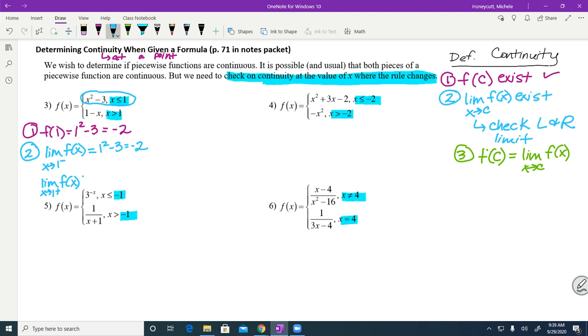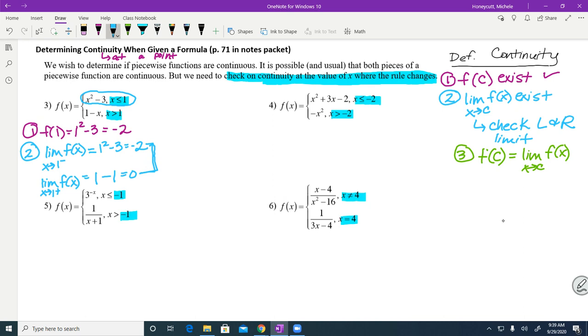Then I want to check the limit as x approaches 1 from the right. So I'll use the formula that has x values that approach 1 from the right: 1 minus x. So 1 minus, substitute in 1, I get 0. Now, does the limit exist? Well, are these two the same? No, these are not the same.